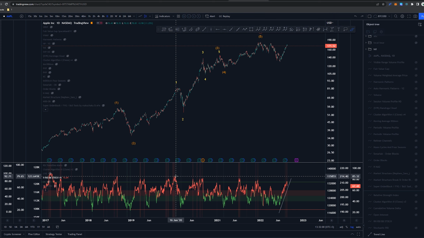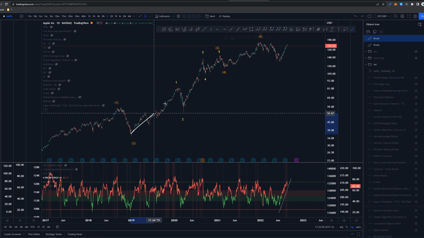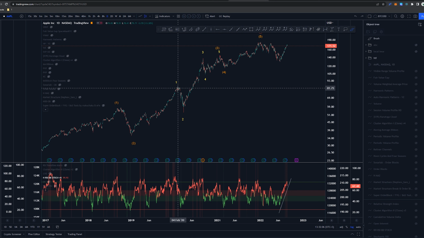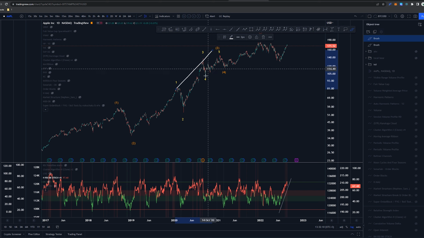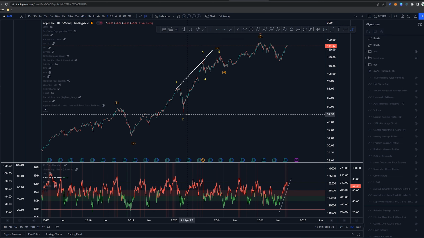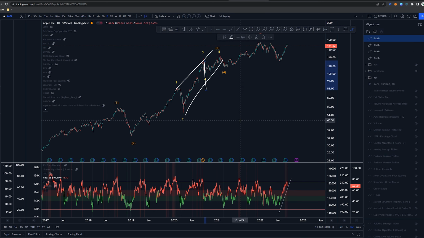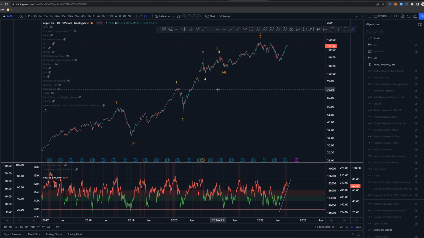However, we do have that divergence from the wave 1 as well. Generally what this means is that we could be having this as some kind of a diagonal start, but we don't have that overlap here between the fourth and first, so it is still pretty good looking as is.